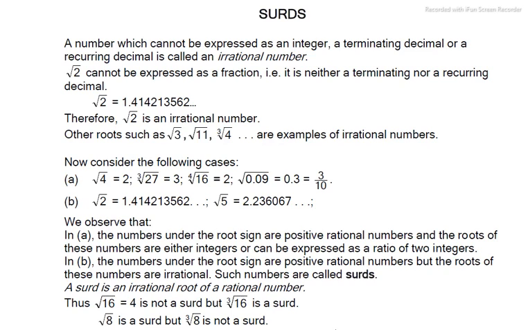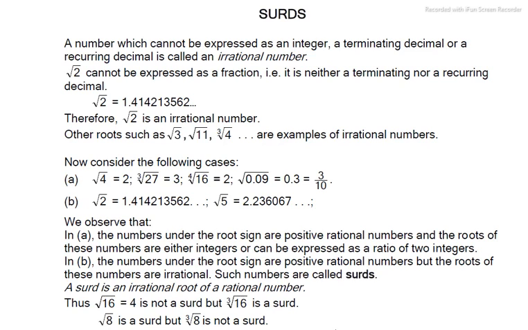Still, we have other roots like root 3, root 5, and so many others. Those are irrational numbers. However, we also have rational numbers that can be expressed as integers or terminating decimals or recurring decimals.